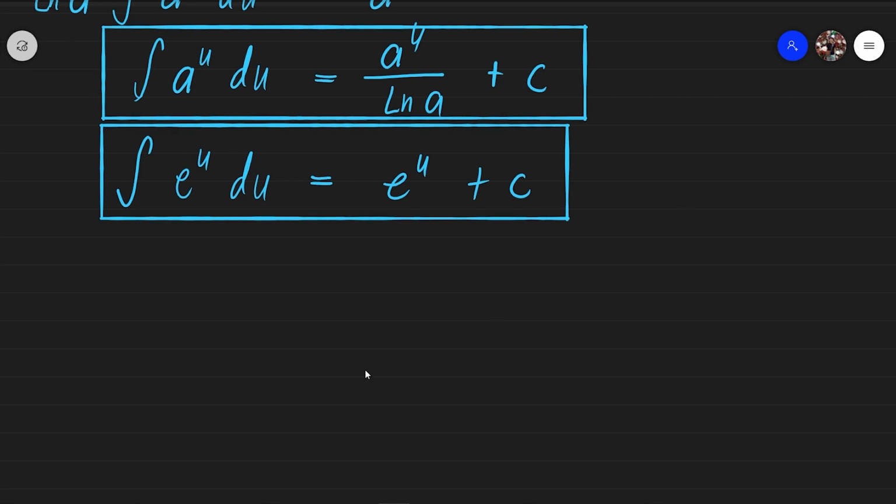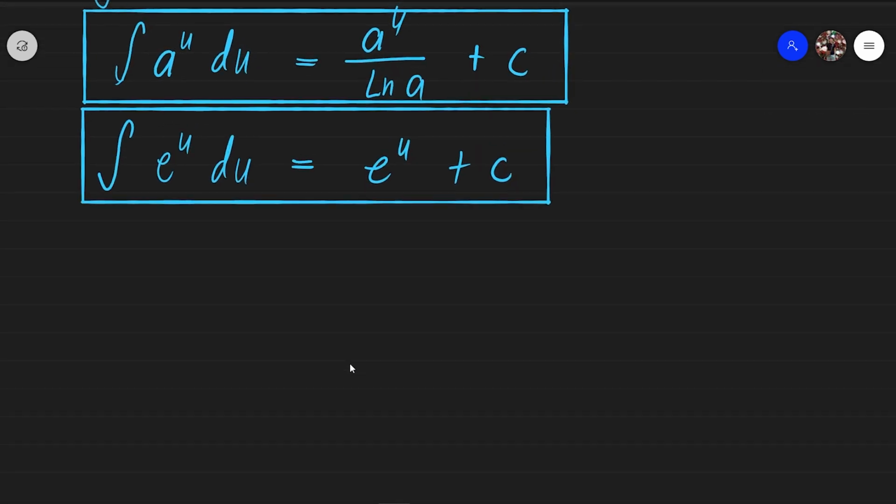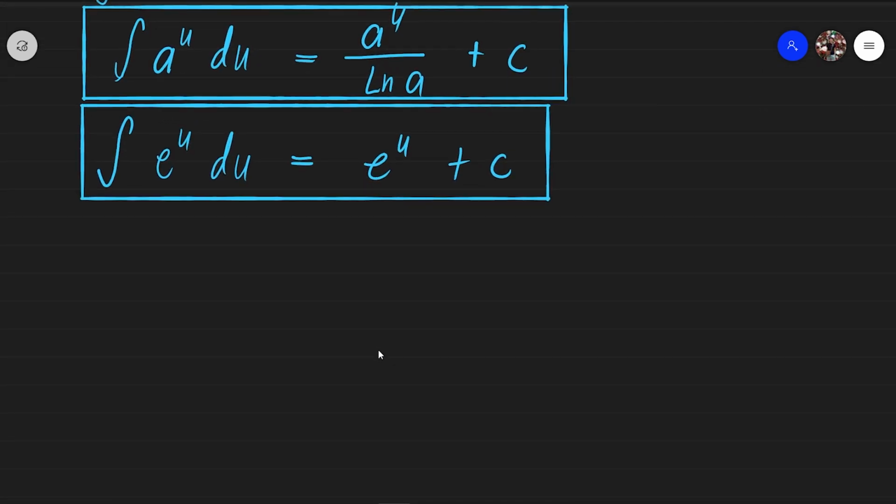Okay, let's have an example. I have here 3 examples. The first example: the integral of e raised to 4x plus 1 dx. Obviously, your base is the natural number e, and your exponent contains the independent variable x, so we will use the exponential function formula of integration.